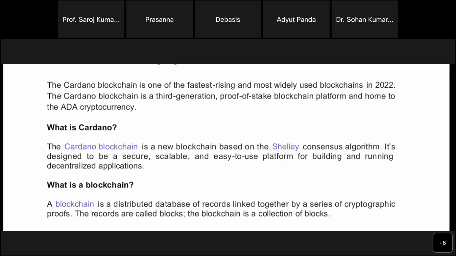In client-server, the client is always dependent on the server. It is always requesting the server to send the data. But in peer-to-peer, nobody is dependent. All are independent. They just share the information. This is the basic concept of a blockchain.